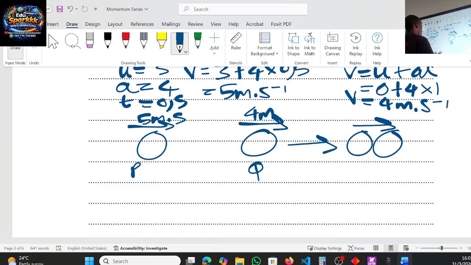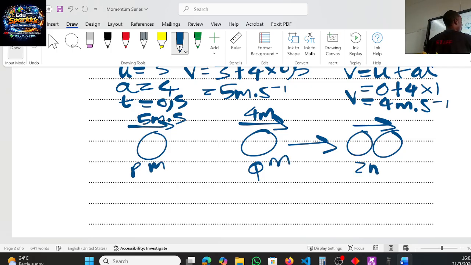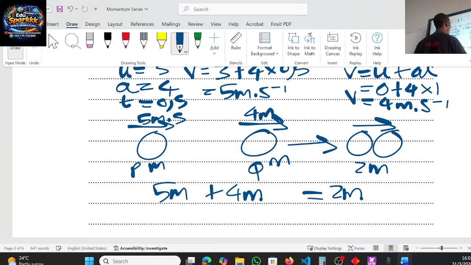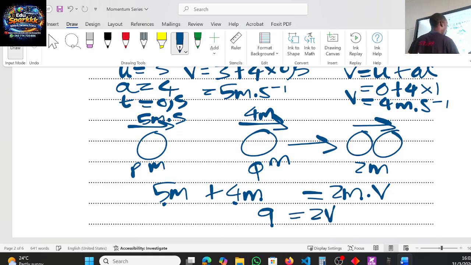Our interest is to find the new speed. Their masses are both m, so this time it will be 2m. From conservation of momentum, we have 5m plus 4m equal to 2m times v, where 2m is the combined mass. Then we end up with 9 equal to 2v.